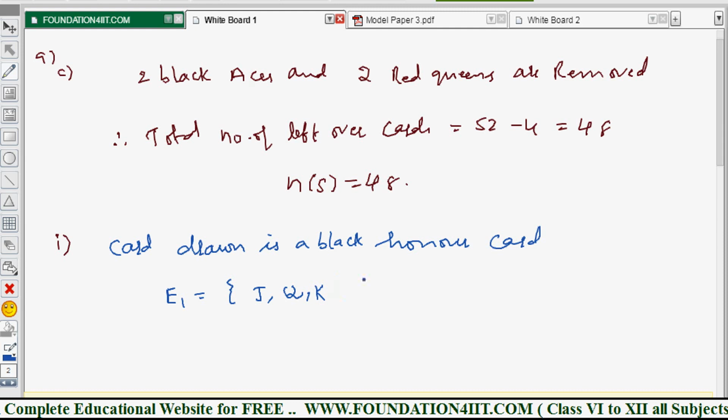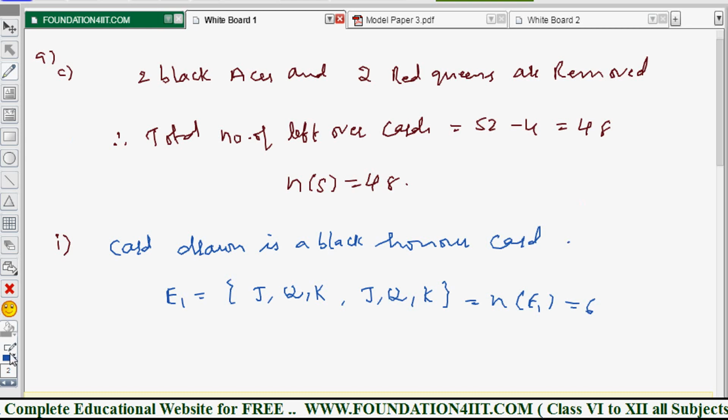Two black queens are still there, and similarly J, K. So the card drawn is black honor, only black we need, because two black aces are already removed. So from the remaining we can take J, Q, K and J, Q, K. That is n(E1) equals 6.